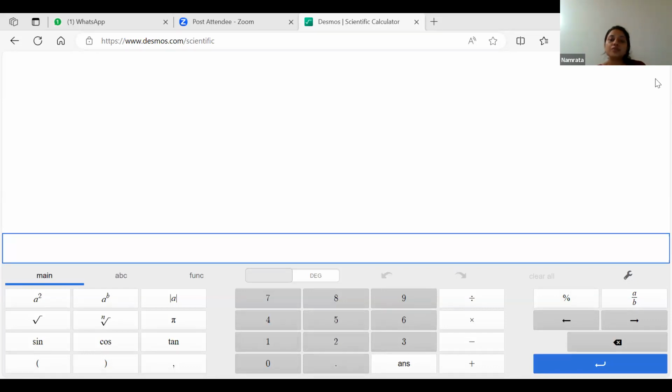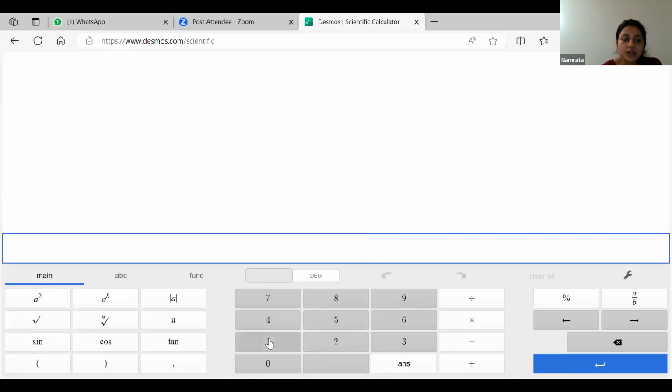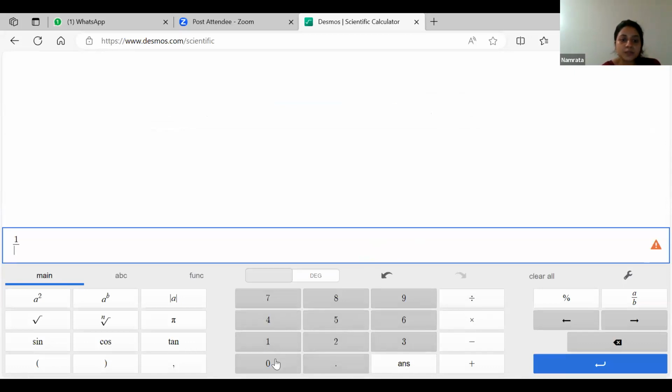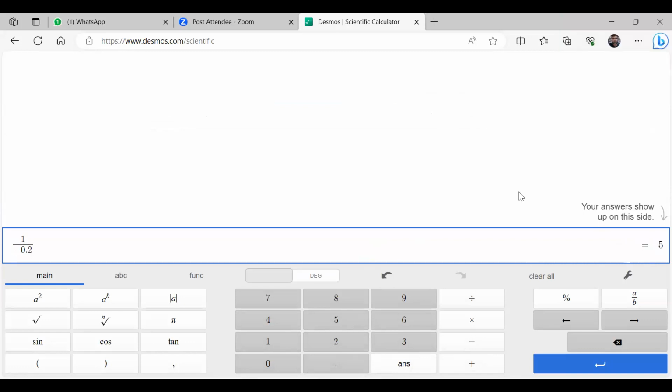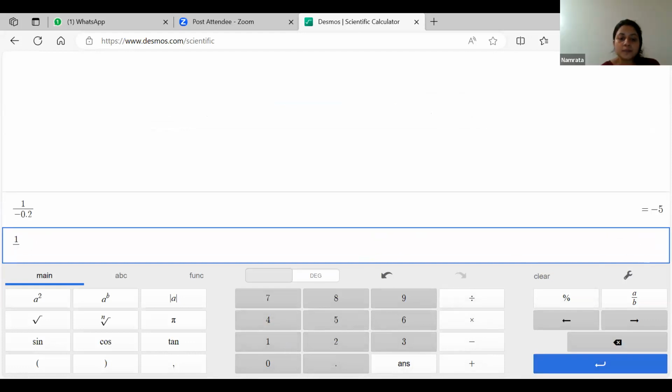So if we take 1 divided by -0.2, let's see the output. Is it -5? Can you see? Yes, ma'am. Okay, let me take another value. 1 divided by -0.0002. Can you see we are getting -5,000?